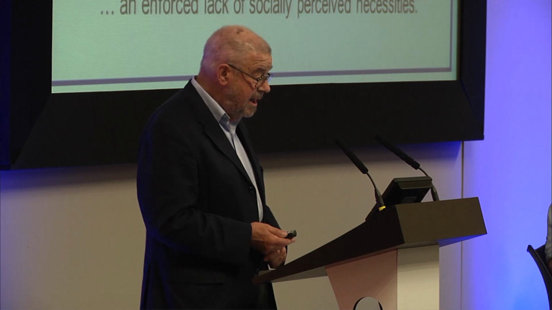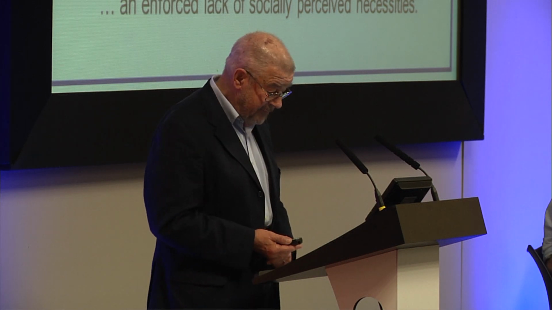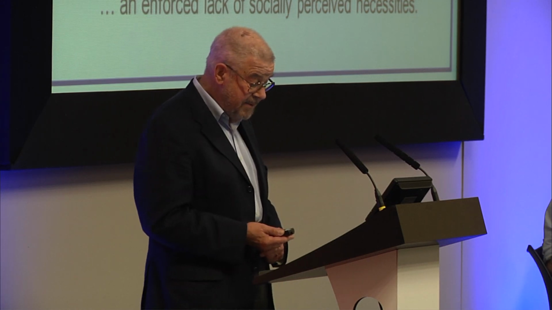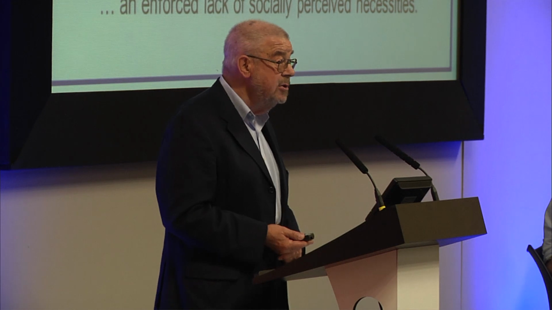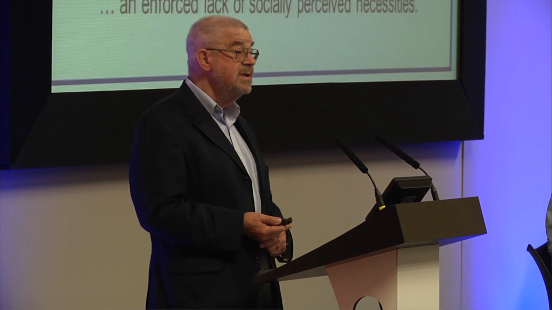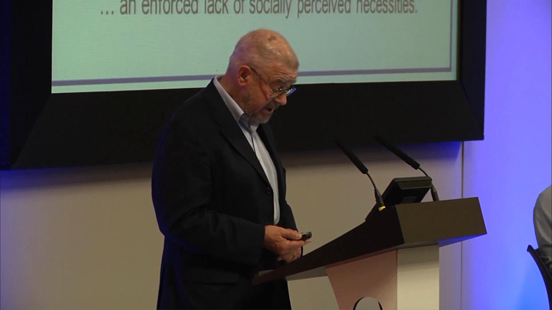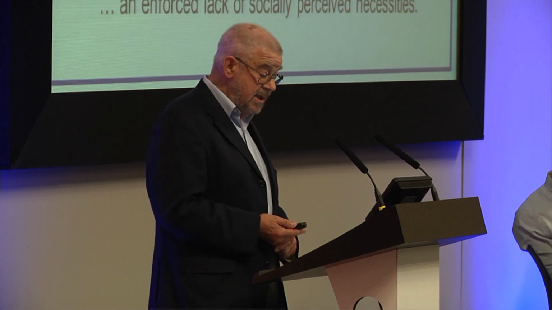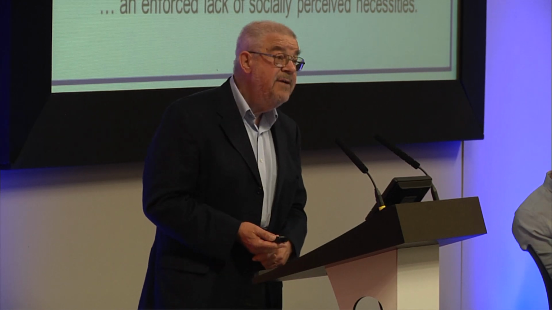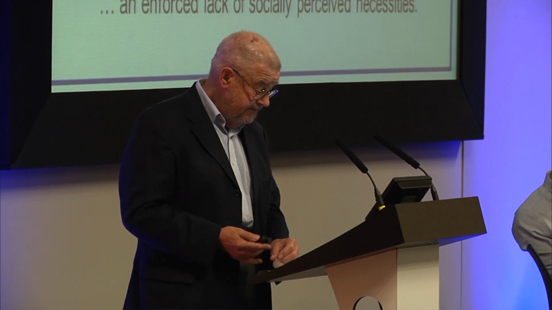UN committees are hardly radical, and this compromise definition talks about poverty as a long-term deprivation of the resources, capabilities, choices, security, and power necessary for the enjoyment of an adequate standard of living and other civil, cultural, and economic and political and social rights. A succinct formulation of these definitions of poverty is an enforced lack of socially perceived necessities.